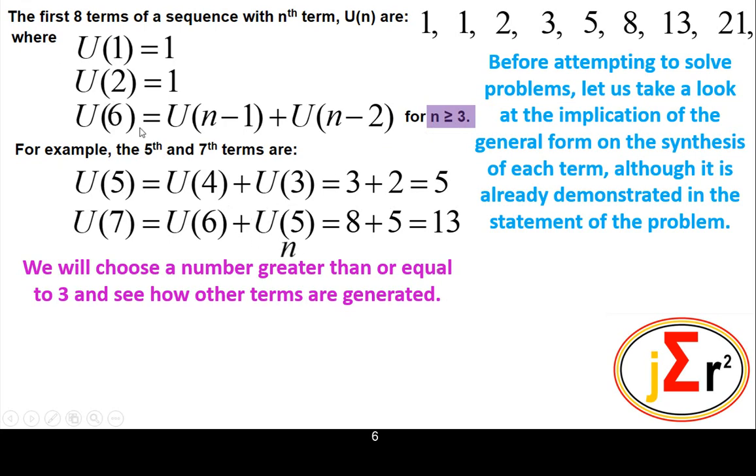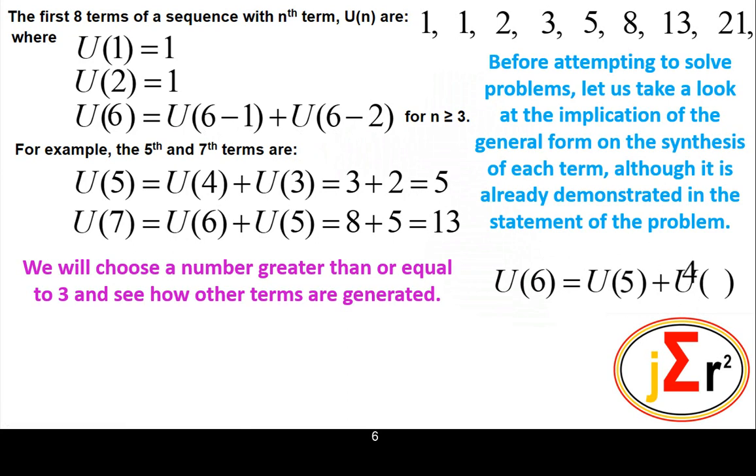So, u6 is equal to u6 minus 1 plus u6 minus 2. And even before the animation shows it, you will see that u6 will be u5 plus u4. 6 minus 1 will give you 5, and of course 6 minus 2 will give you 4.